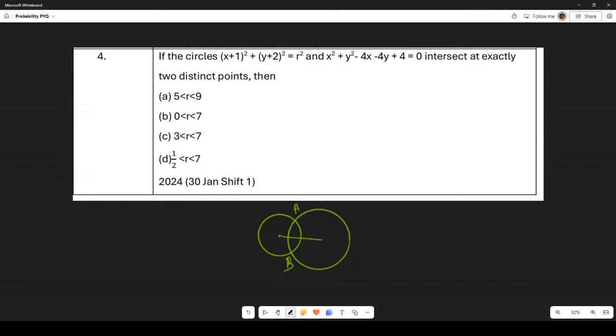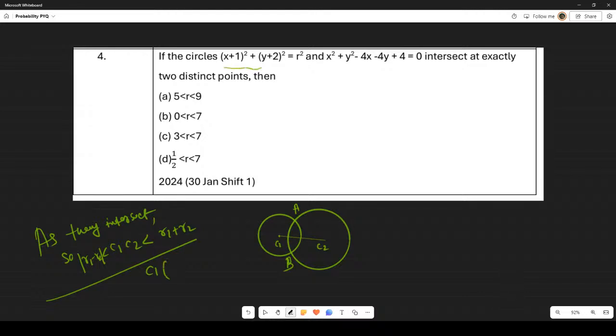They intersect. So as they intersect, C1C2 must be greater than, less than, isn't it? What is C1 here?